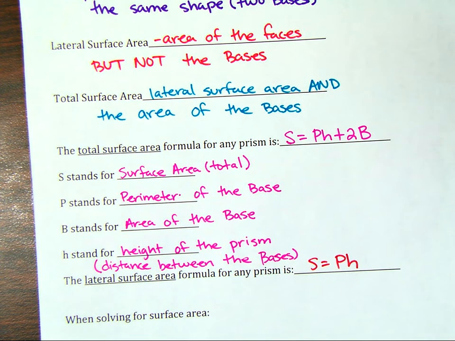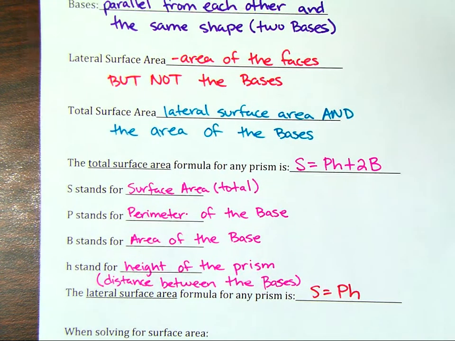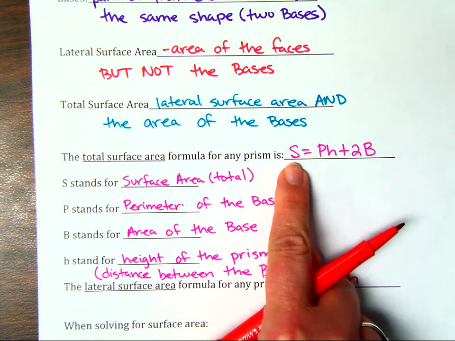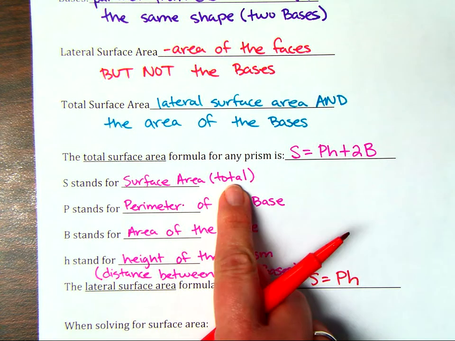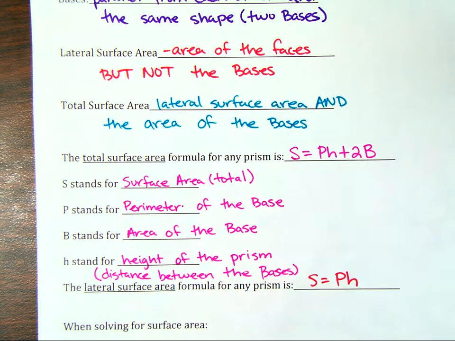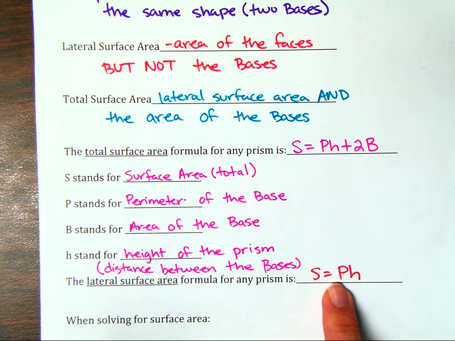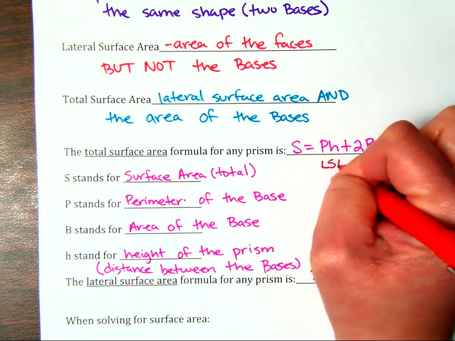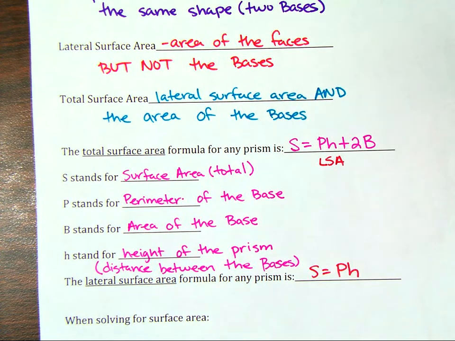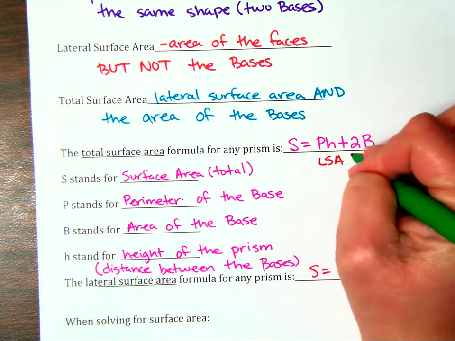I know that seems a little weird. You're like, well, this S, how do I know which one it is? In this situation with this formula, it stands for total, because if you look at it, if this is your formula for just lateral surface area, didn't we say that the lateral surface area plus the area of the bases?